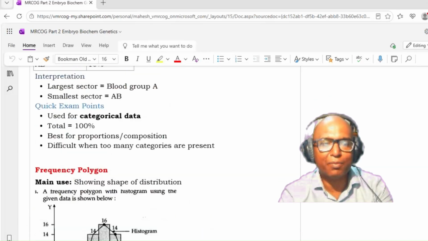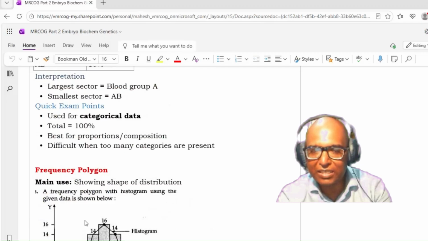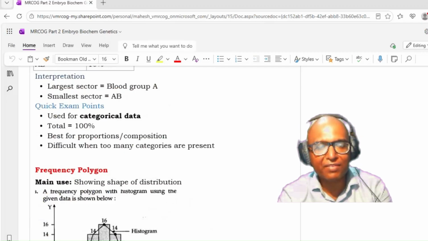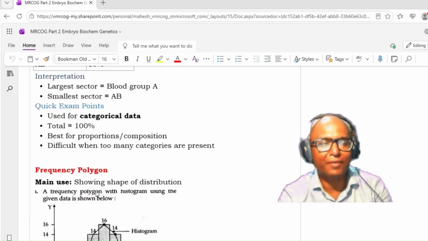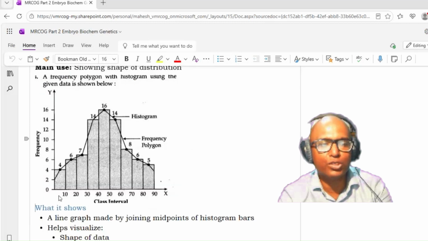Next type of presentation is a frequency polygon. The main use of a frequency polygon is showing the shape of the distribution. Here it is the histogram. Then you calculate the middle value of each class and the frequency of each, and then you join the points.